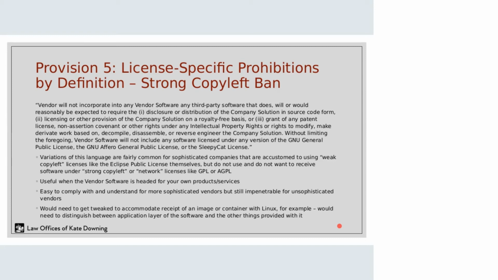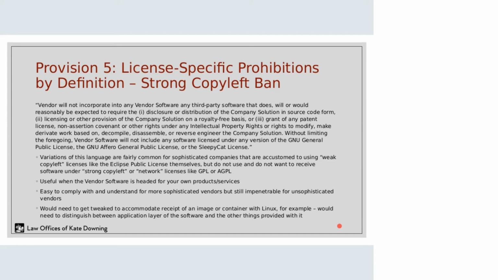But like I said in the last slide, in practice, a lot of the times you're going to get some copyleft code. You need to get copyleft code because that's what you're asking for. But you may still draw a line between weak copyleft licenses like Mozilla, CDDL, Eclipse, and what would be termed strong copyleft licenses like the GPL.